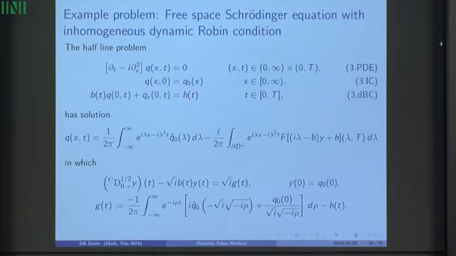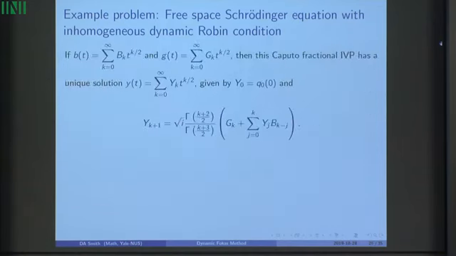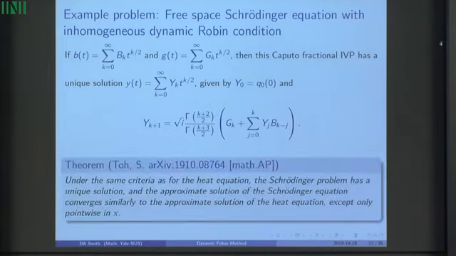That really makes very little difference, except you now have that inhomogeneity appearing in your Ehrenpreis form, and it appears also in the right-hand side of your slightly modified Caputo fractional initial value problem. But you can still solve it, and this is what you get. Under the same criteria, you get the same kind of approximation results, except we only got them pointwise in x for linear Schrodinger, and I can't tell you whether that is a fundamental restriction or just we weren't able to do it.